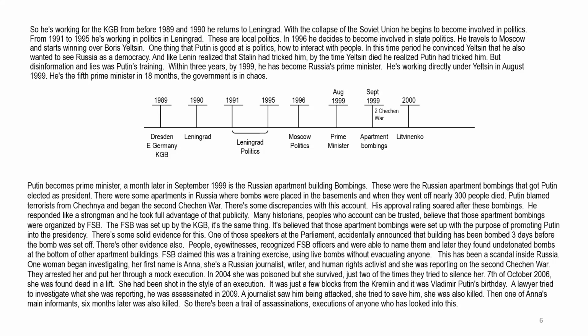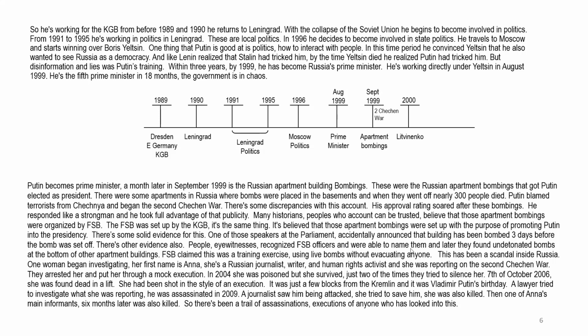One of the speakers at the parliament accidentally announced that a building had been bombed 3 days before the bomb was set off. There's other evidence also. Eyewitnesses recognized FSB officers and were able to name them.